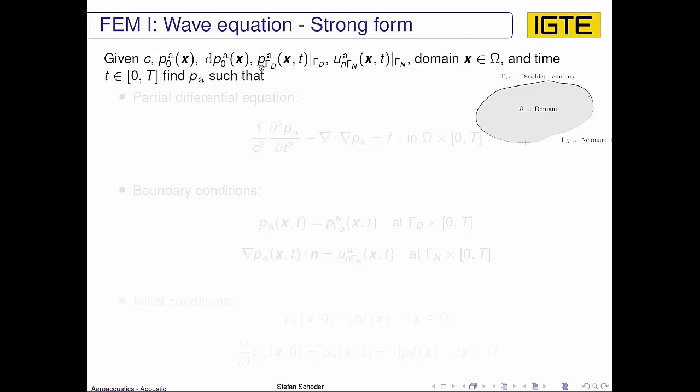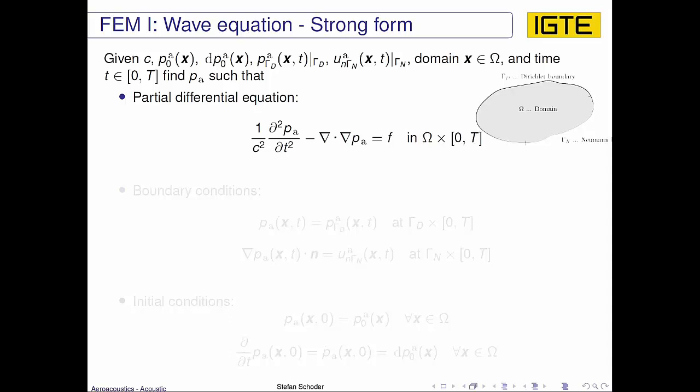We have a Dirichlet boundary condition, and also a Neumann boundary condition, and we have a domain omega and a certain time frame between 0 and capital T. We would like to find the acoustic pressure such that on this given set the partial differential equation itself is satisfied here with some forcing and in the product of the domain and the time.